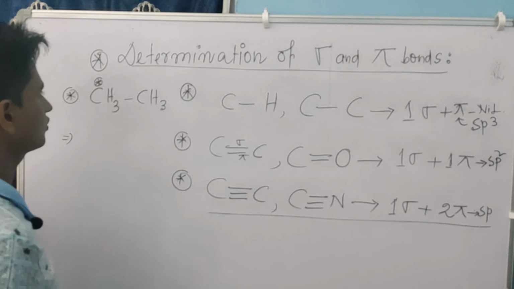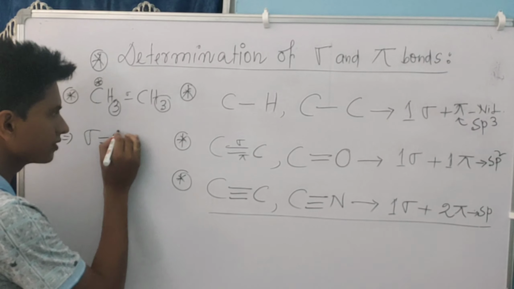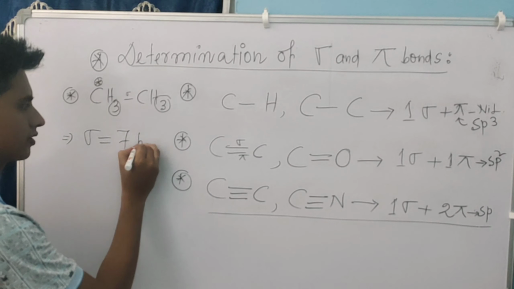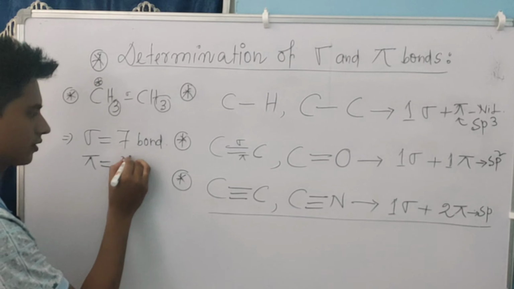You see the 2 carbon atoms are singly bonded, that means this bond is sigma, and the number of CH bonds is 6, so 6 bonds indicate 6 sigma bonds. That means the total number of sigma bonds present in this molecule is 7. There is no pi bond.